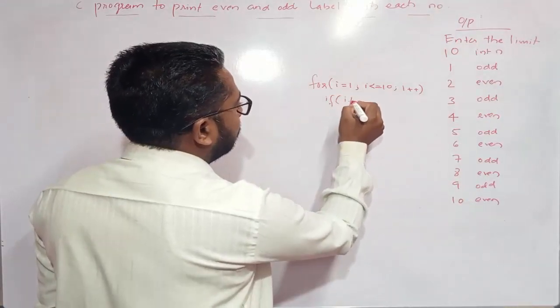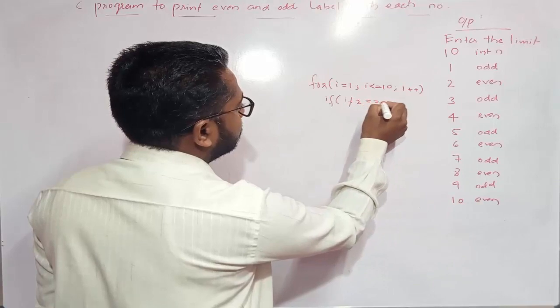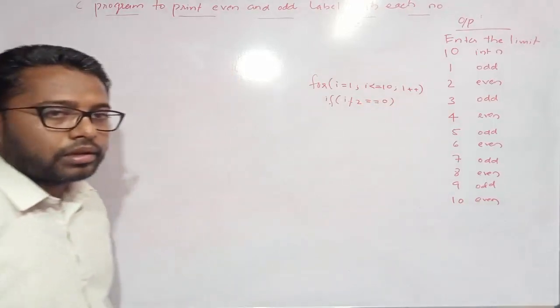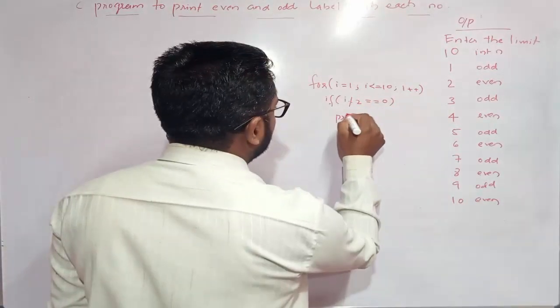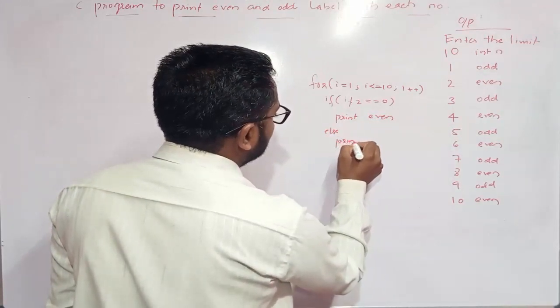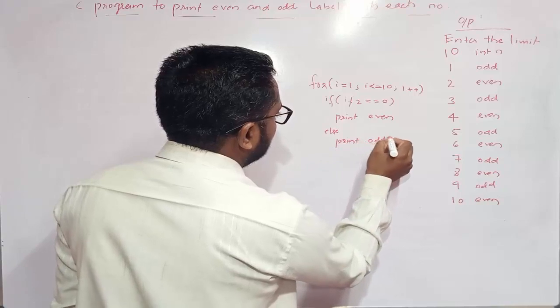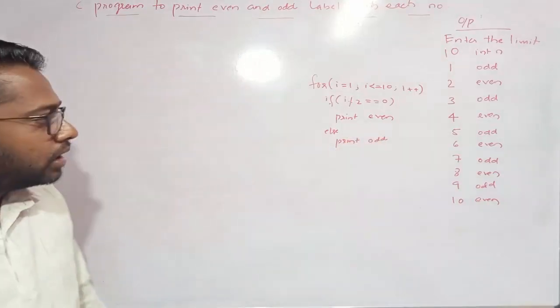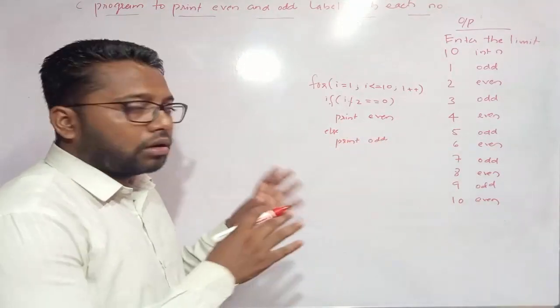For each value of i from 1 to 10, I will check this condition. If i mod 2 is equal to 0, then print even, else print odd. Now this is our main logic.